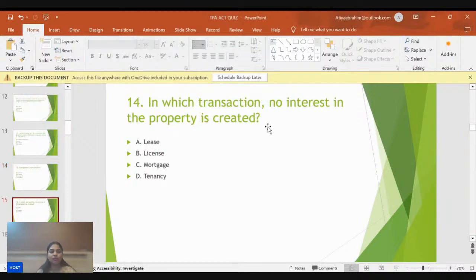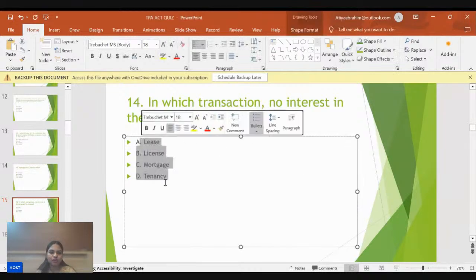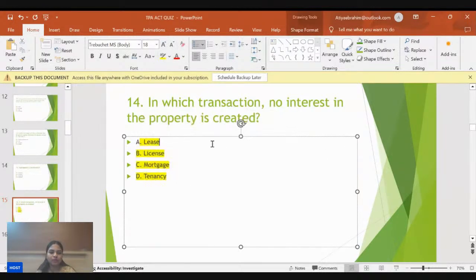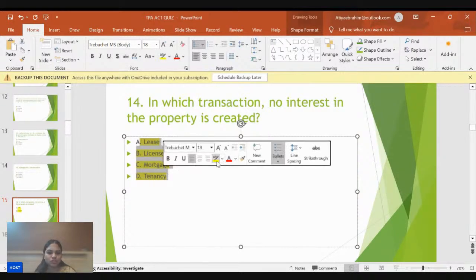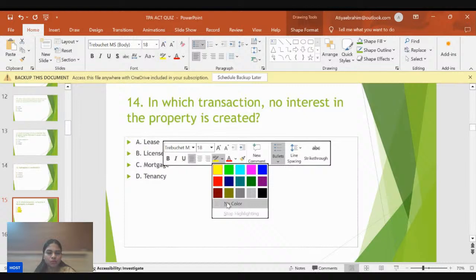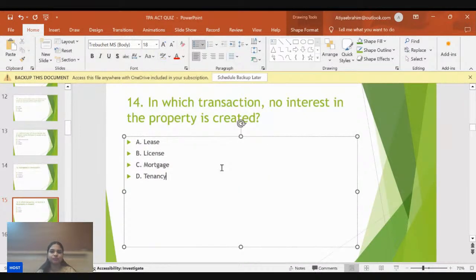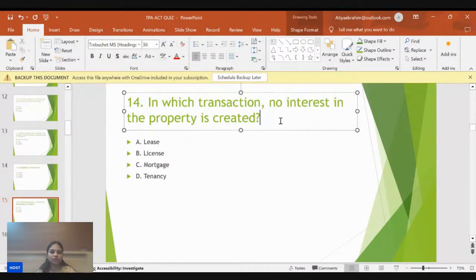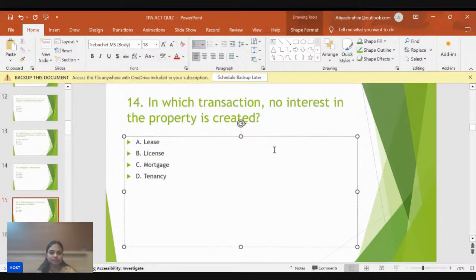Okay, come to 14. In which transaction no interest in property is created? Will the answer be lease, or it will be license, or mortgage? What do you think? Or tenancy?